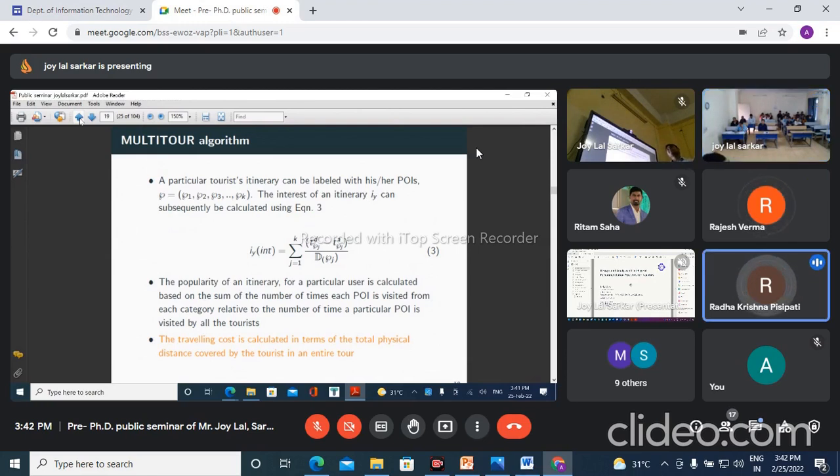Now my question is this one. For normal recommendations, we use precision, recall and those measures, correct? When it is a sequence of itineraries, you should use different evaluation measures, which may not be the same as for normal recommendations.